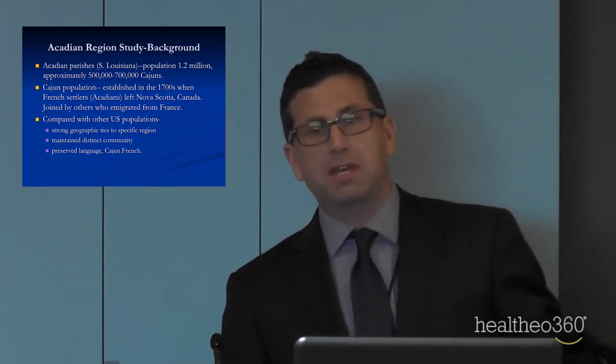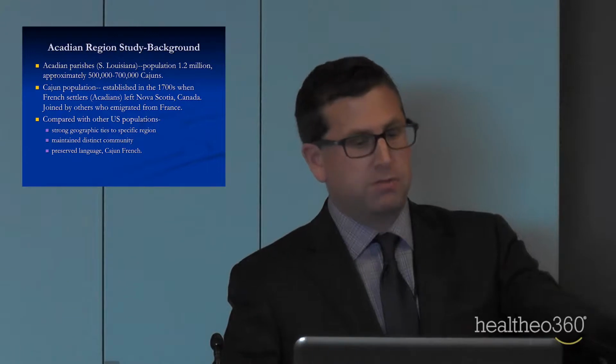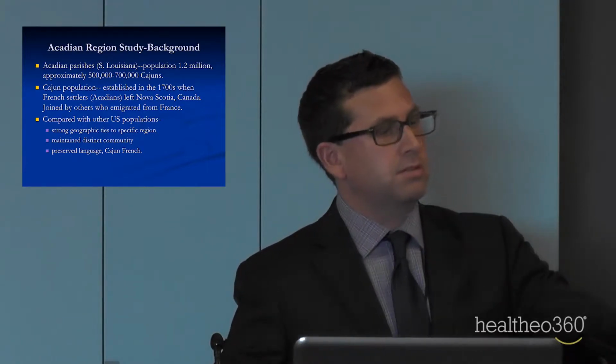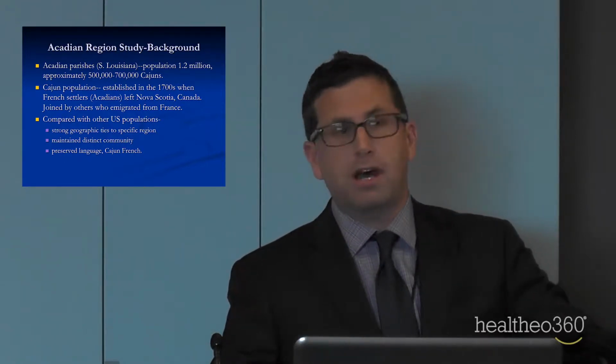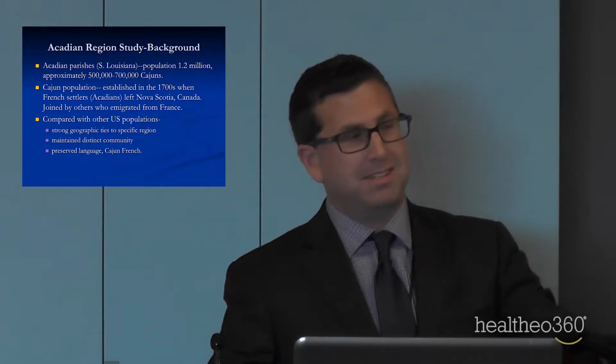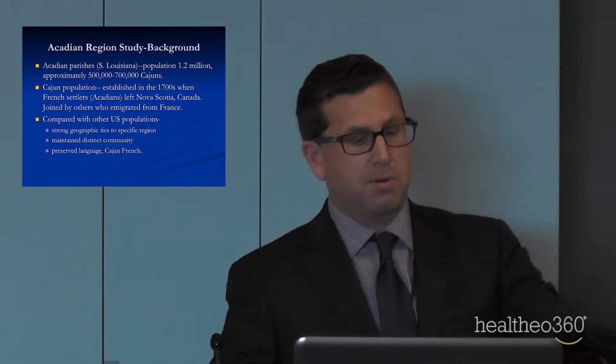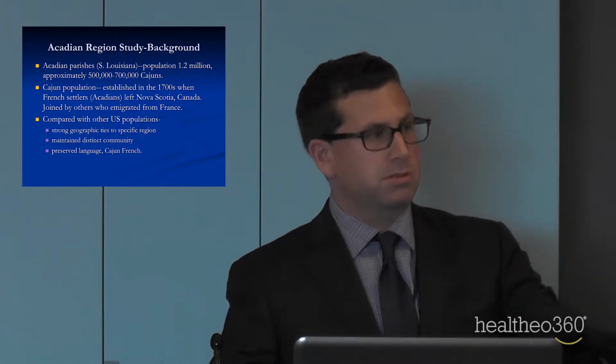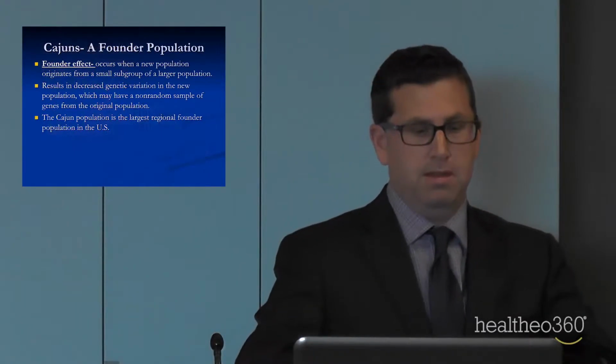The interesting thing about the Cajun population is that, compared to other US populations, they have strong geographic ties to a specific region. They maintained a distinct community, and they have a preserved language, which is Cajun French. This is just a map of Louisiana, and you can see here that this is the Acadiana region in southern Louisiana, so it does not include New Orleans.